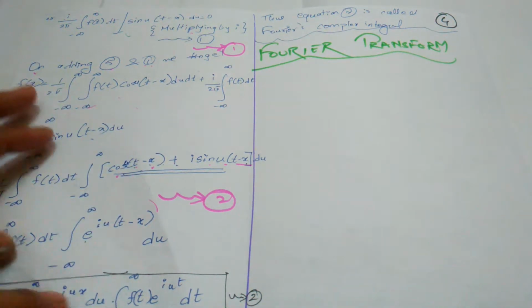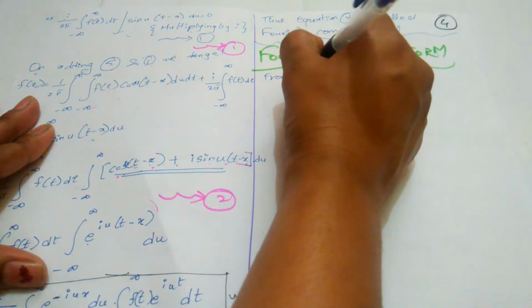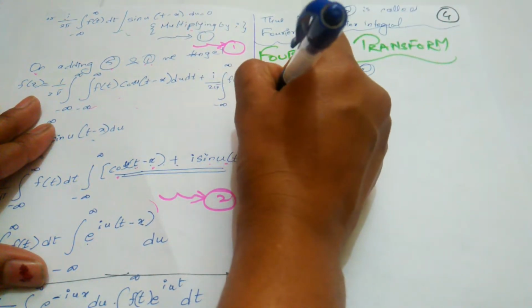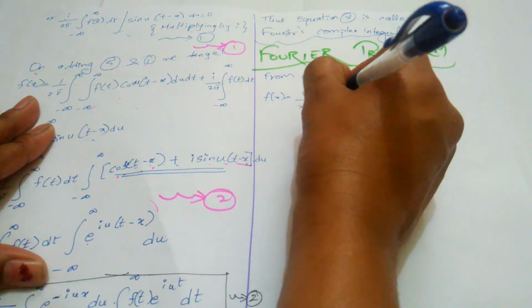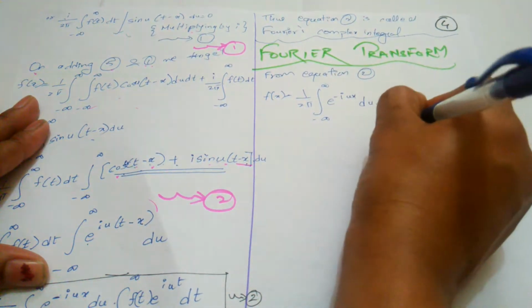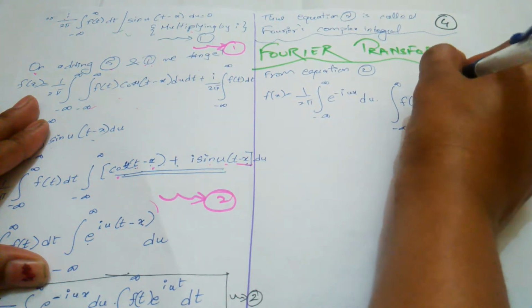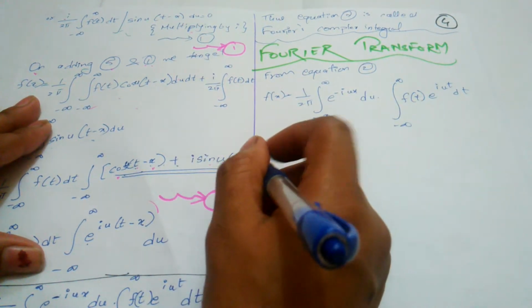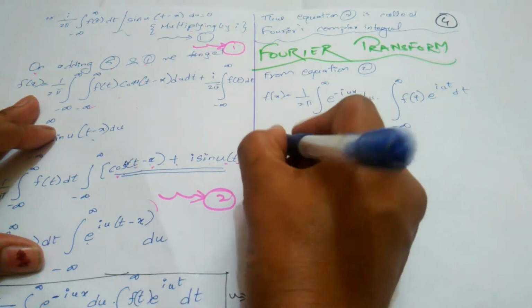So we will write equation number 2, what we have proved. From equation 2, f of x is equal to 1 upon 2 pi integral minus infinity to infinity e raised to minus i u x du, integral minus infinity to infinity f of t e raised to i u t dt. What I will do is, instead of u I will substitute s.